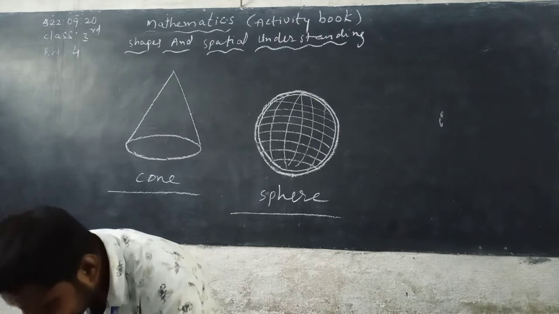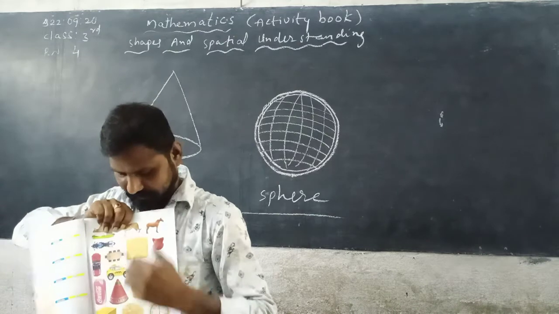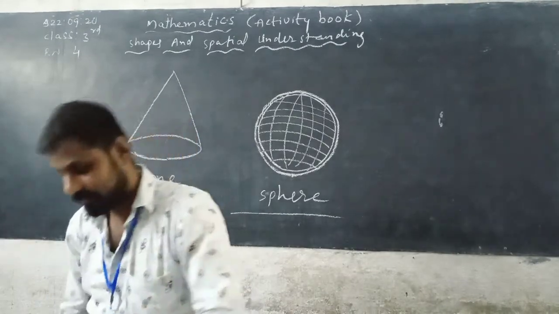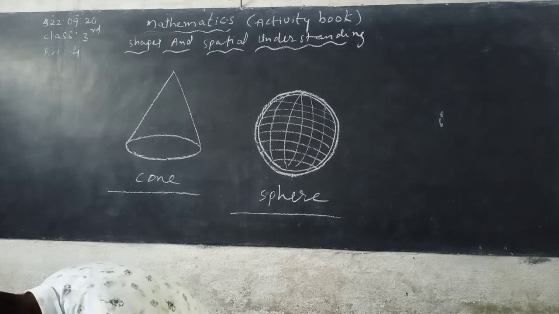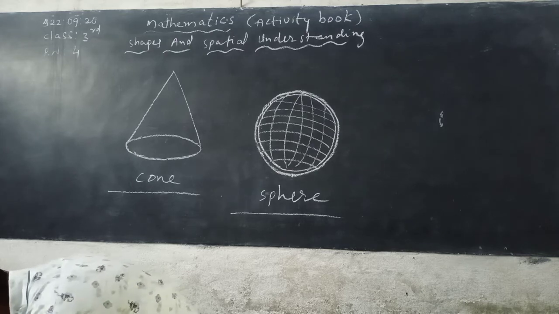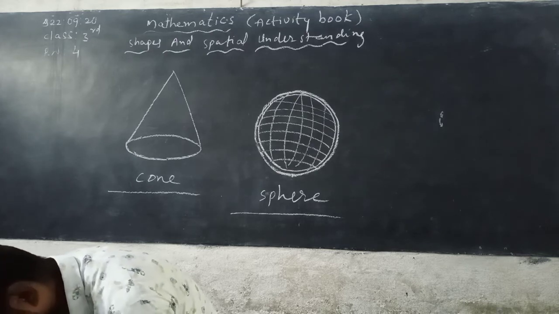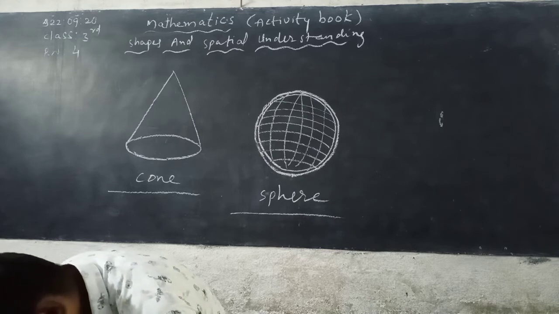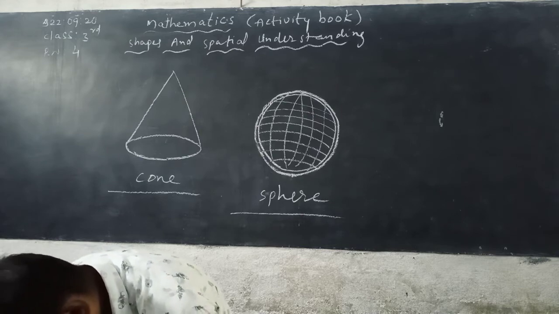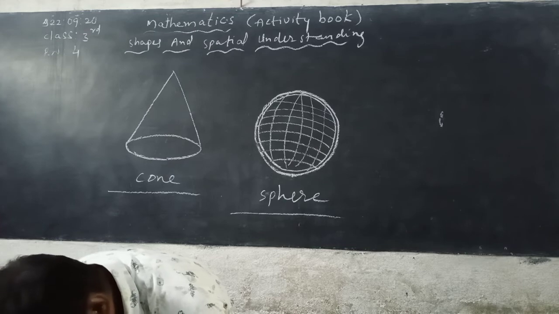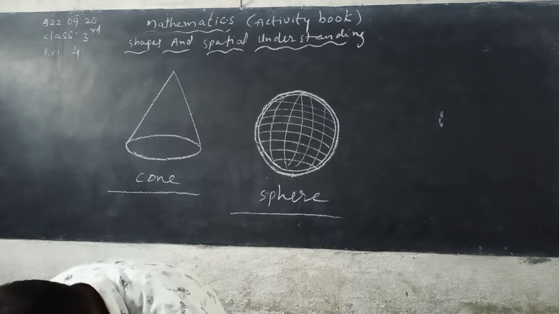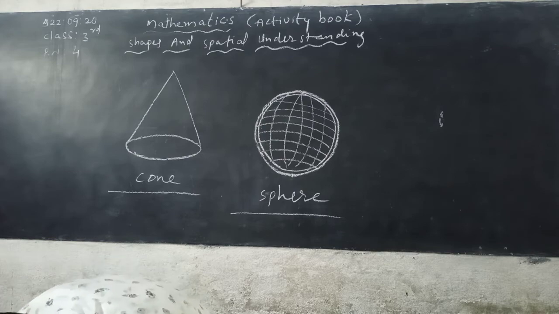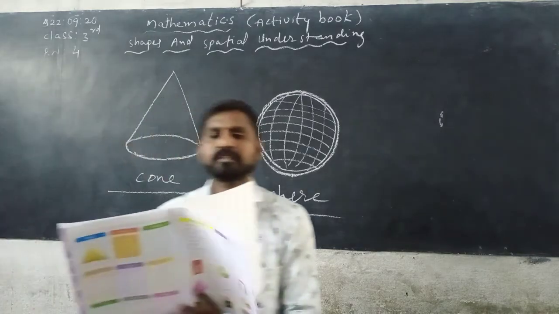See here, square means biscuit. This is square.